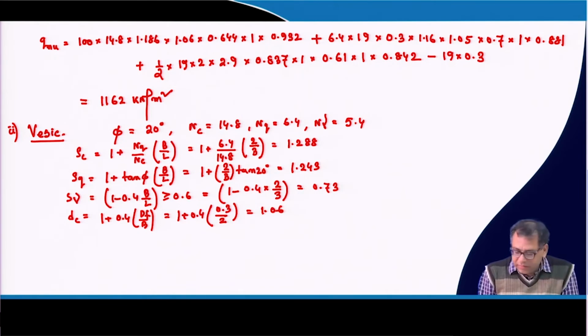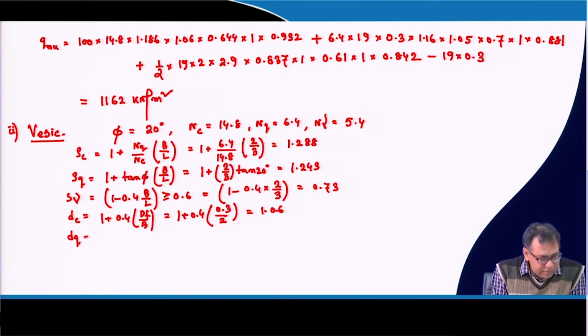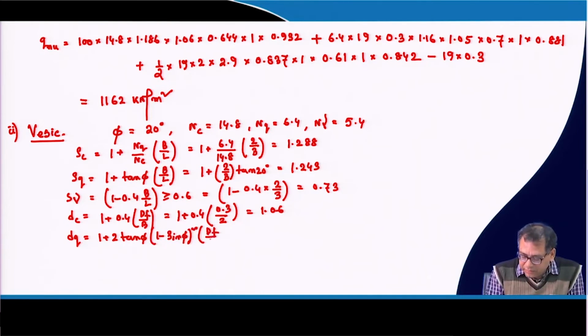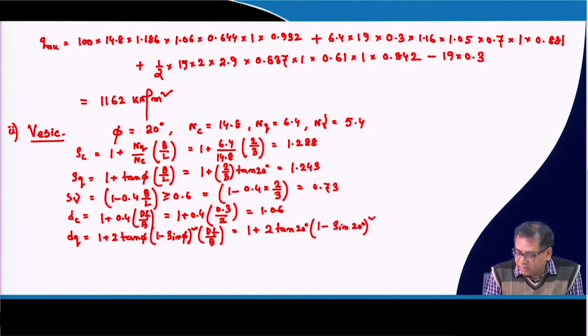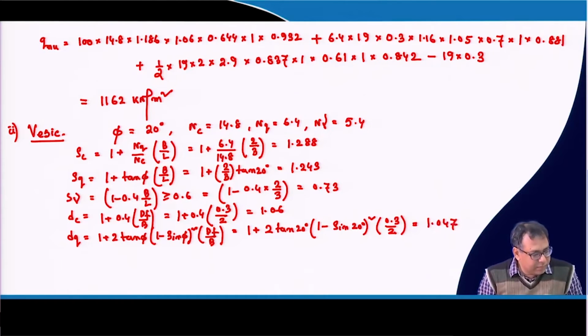So, 1.06, and Dq is equal to 1 plus 2 tan phi into (1 minus sin phi) whole square, then Df by B. So, this is 1 plus 2 tan 20 degree into (1 minus sin 20 degree) whole square, then 0.3 divided by 2, which is 1.047, which is roughly 1.05, that is the value I have considered in previous case.